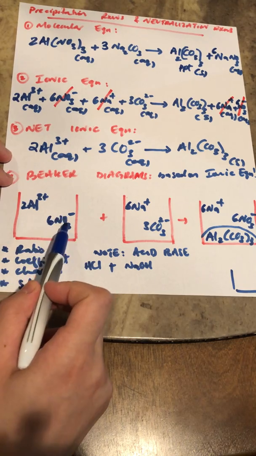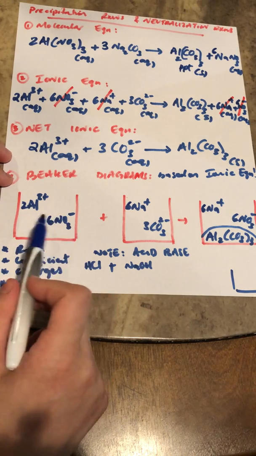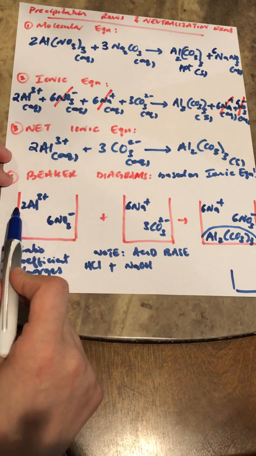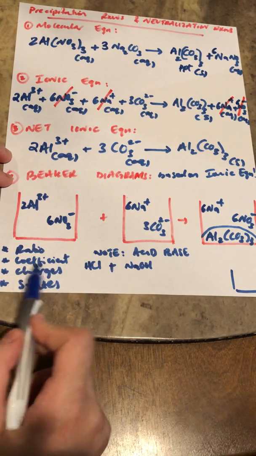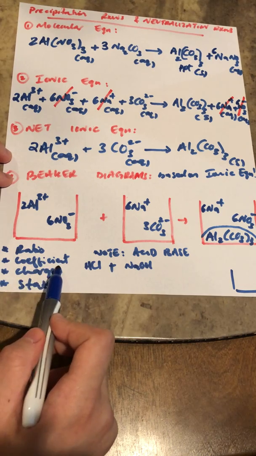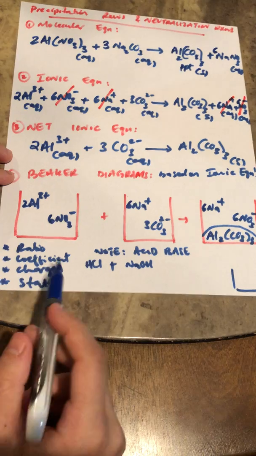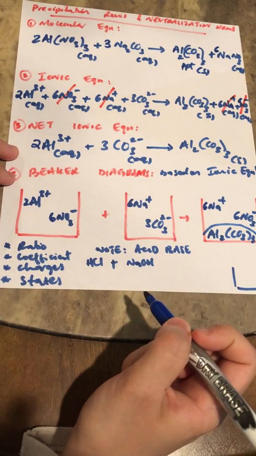That's why it goes there. But if I were to multiply a number, I'd have to include it up there as the coefficient before the formula. Okay, so proper coefficients need to be included. Charges have to be included. Also, you cannot skip on those. And the states of matter have to be included in all of the equations.